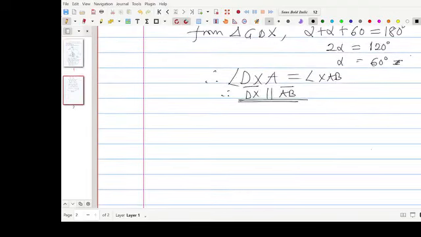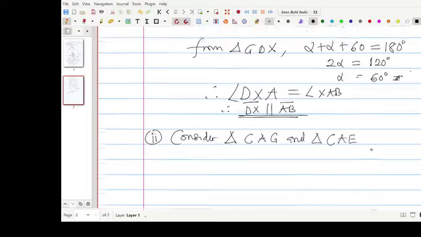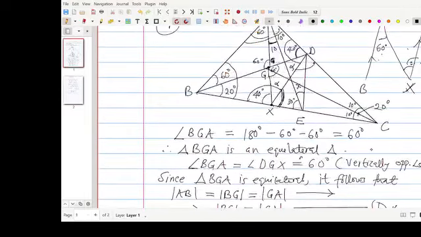So we're over to the I part of the problem. Now consider triangle CAG and triangle CAE. All right. Let's look at these two triangles and see what happened to them.